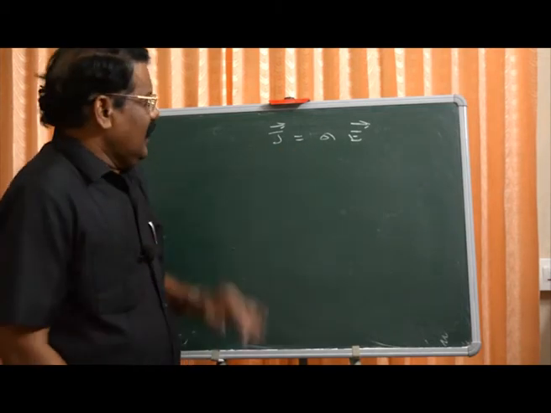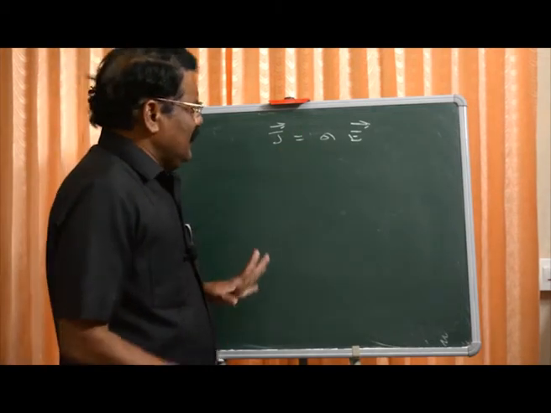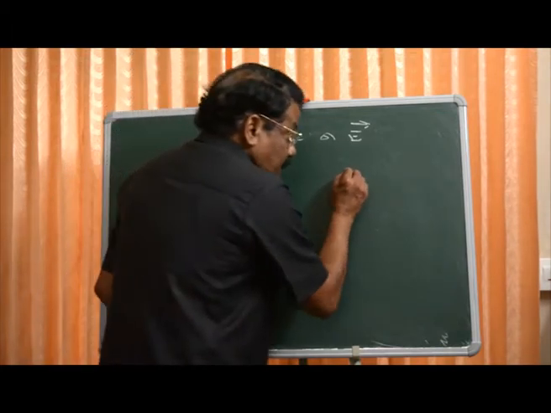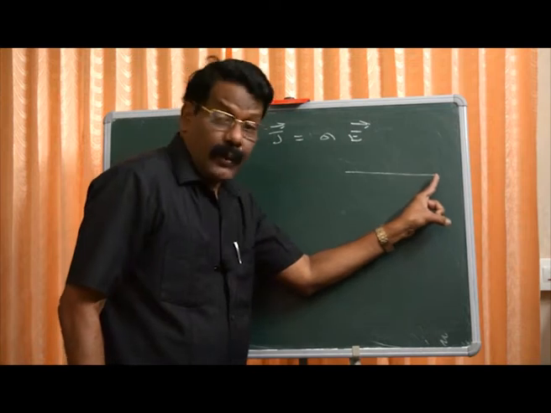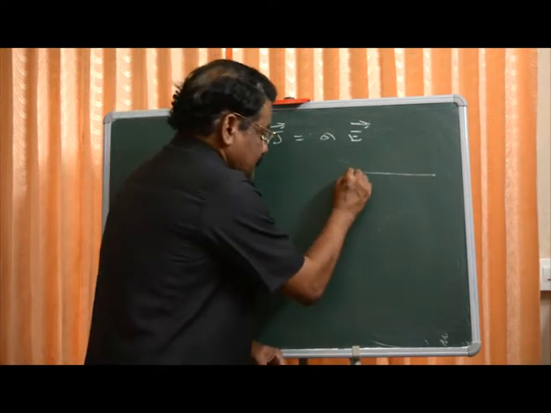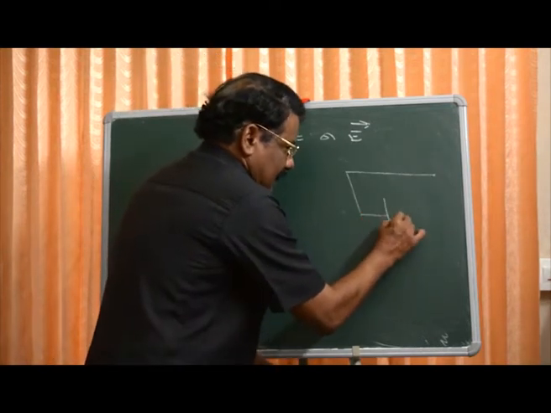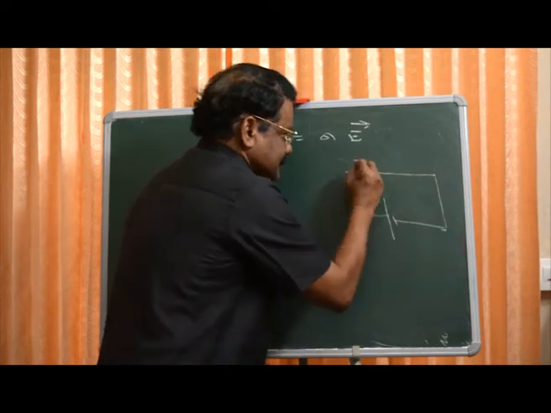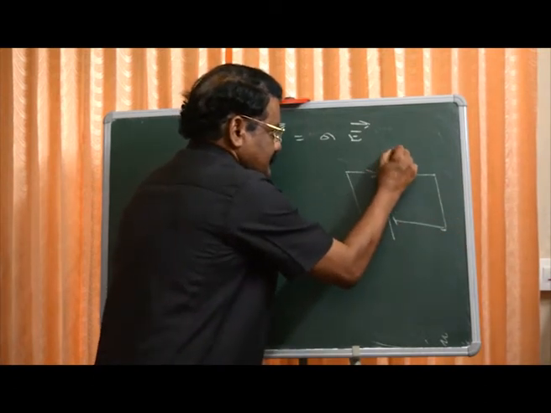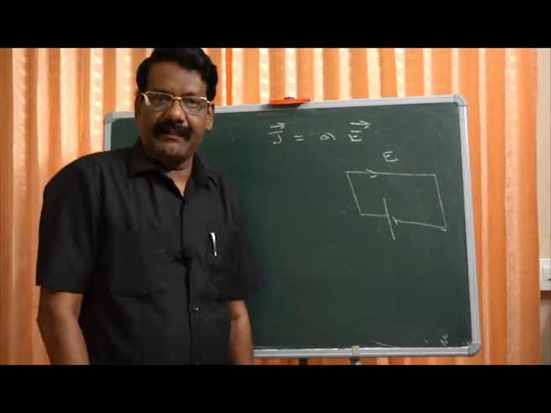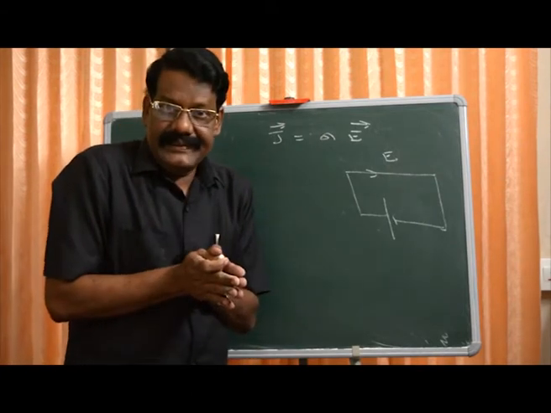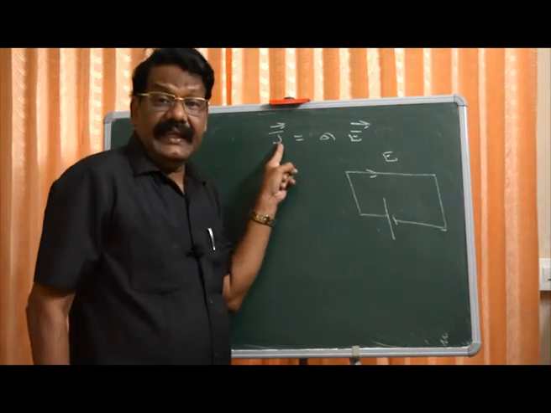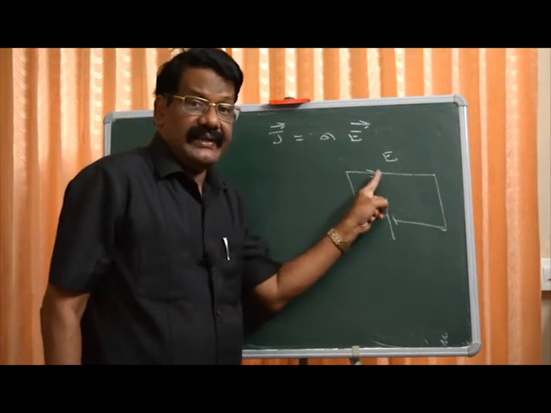Now, if you take an isotropic material, be very careful. If you take an isotropic material and an electric field is applied to it, since it is isotropic, the current density is also along the same direction.